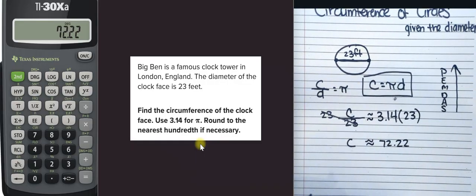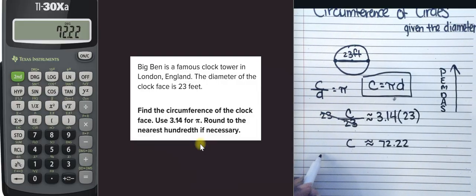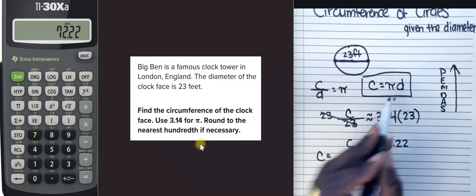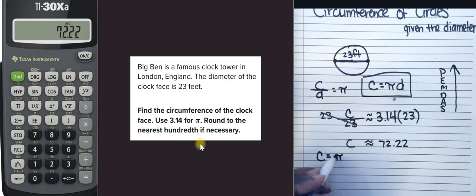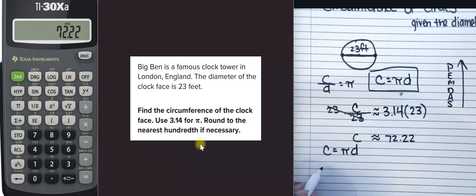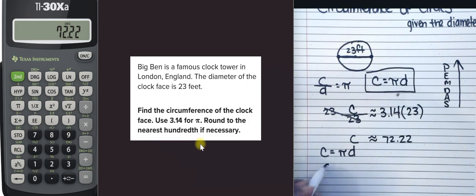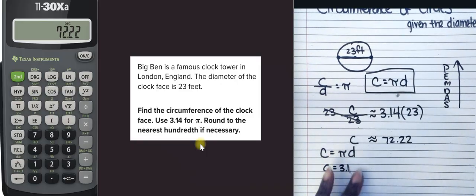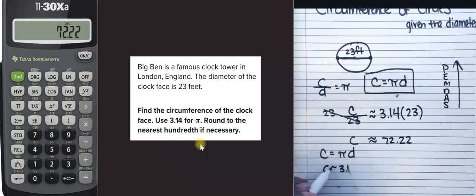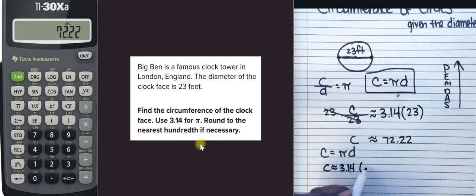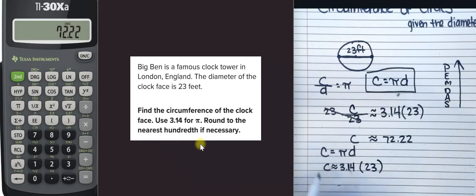Replacing that with the information from the story, c is approximately 3.14 times the diameter. It's approximate and not equal because we are changing it into an estimate. The diameter is 23, and the circumference is still approximately 72.22.